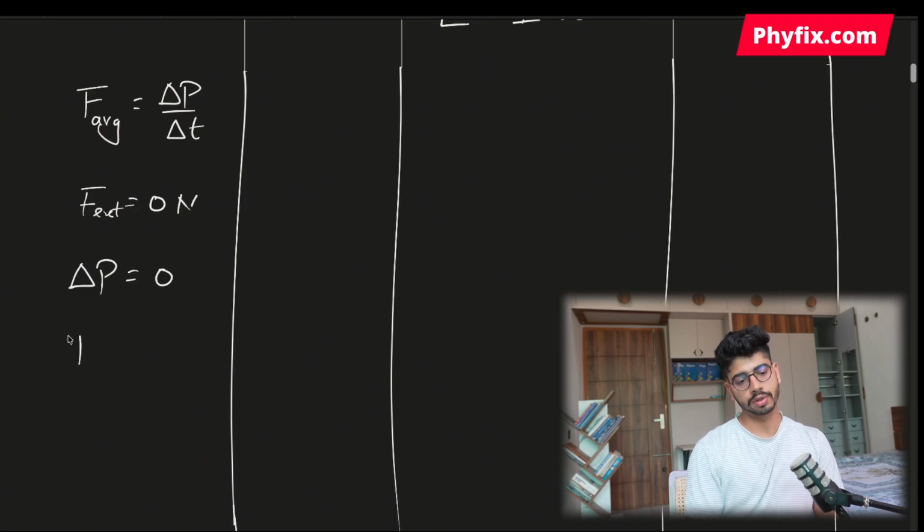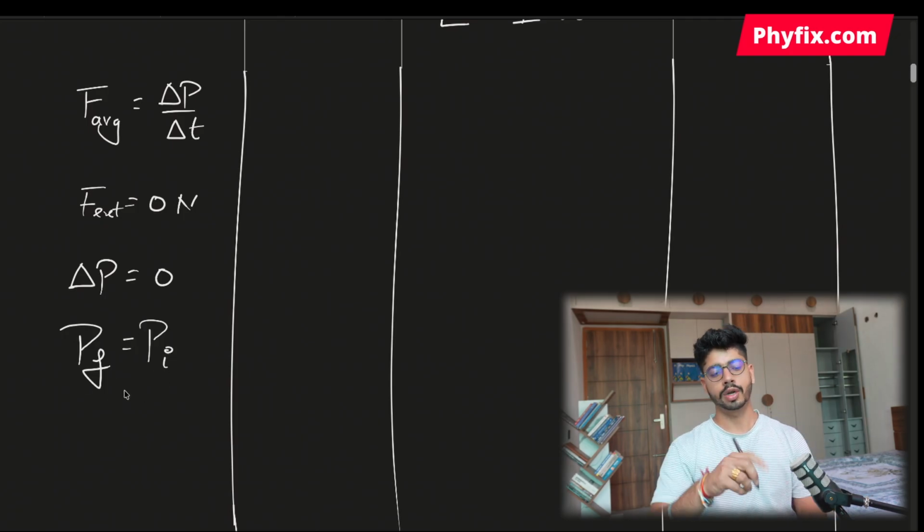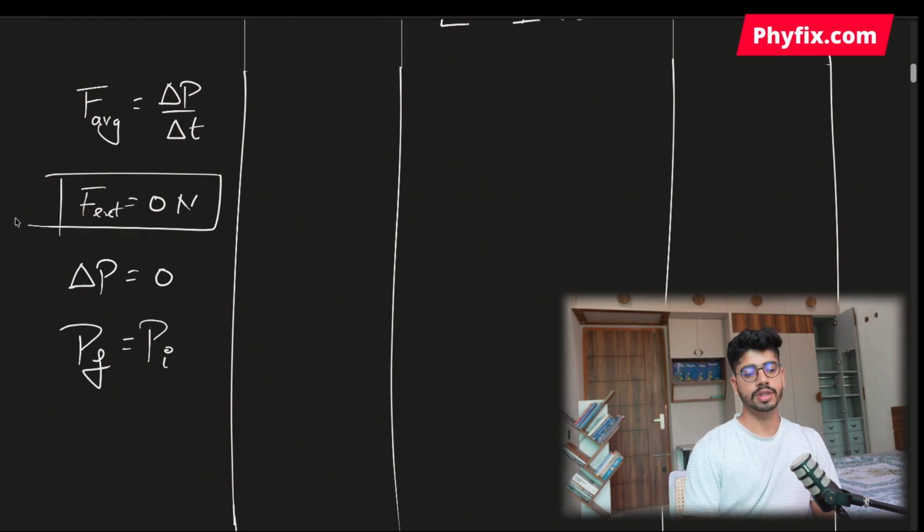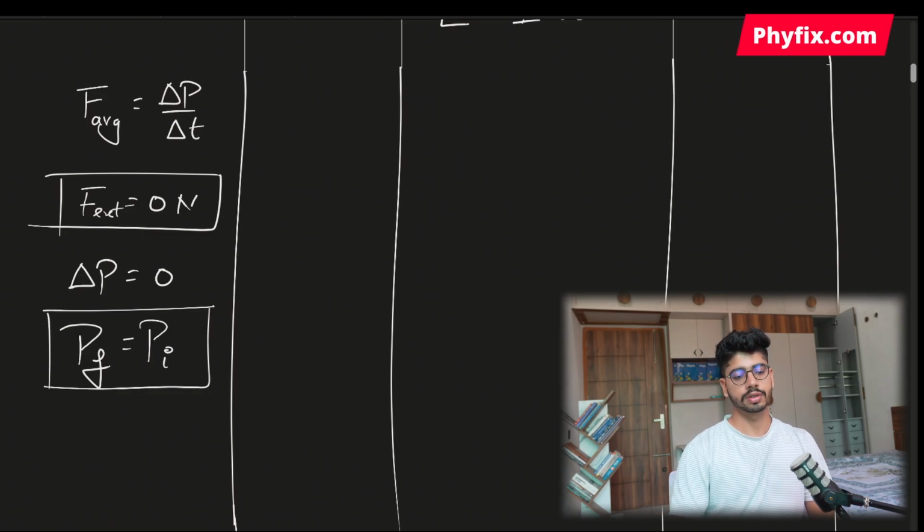Change in momentum is zero means the initial and the final momentum have to be the same. I'm not saying momentum is zero. Remember it. This is the change in momentum being zero. This happens when the external force on the system is zero. External force is not acting. Then the linear momentum is conserved basically.